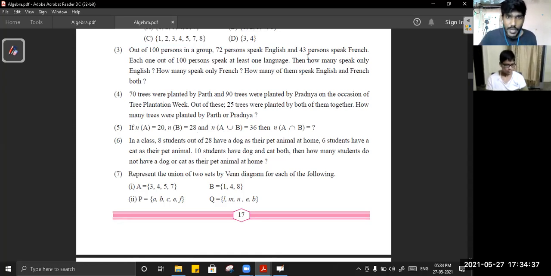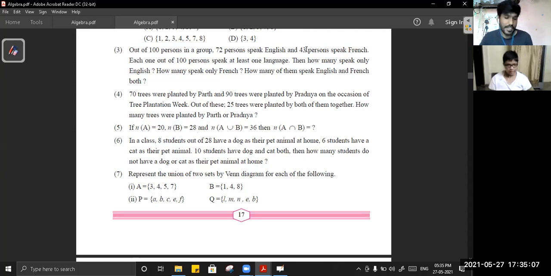Then the fourth one, you had to find out of these 25 trees planted, how many trees were planted by Parth or Pradnya. Wait a second. Okay. In your book, you have written let A be the trees planted by Parth, let B be the trees planted by Pradnya.